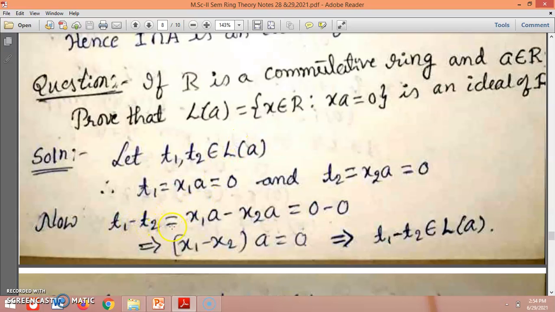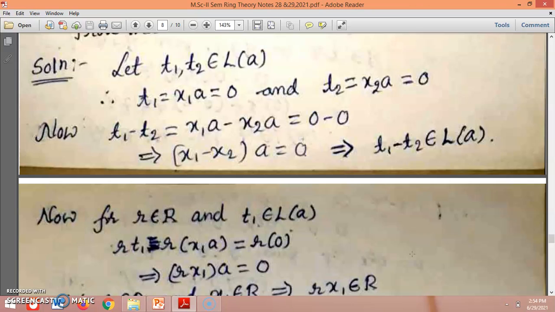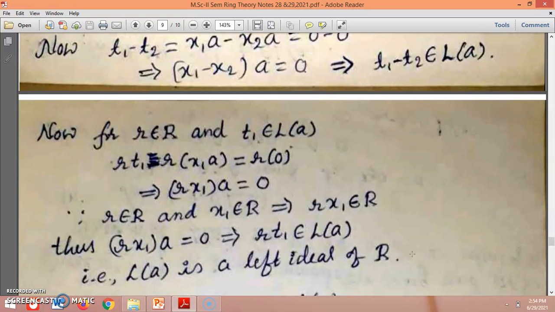T1 minus T2 gives x1a minus x2a, which is (x1 minus x2) into a. Since a is non-zero, T1 minus T2 is definitely a member of LA. So LA satisfies closure under addition.